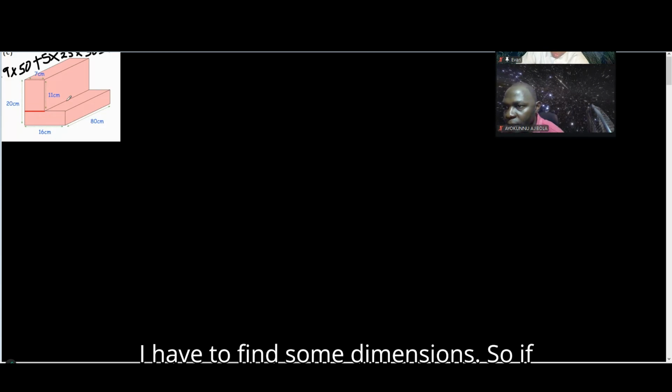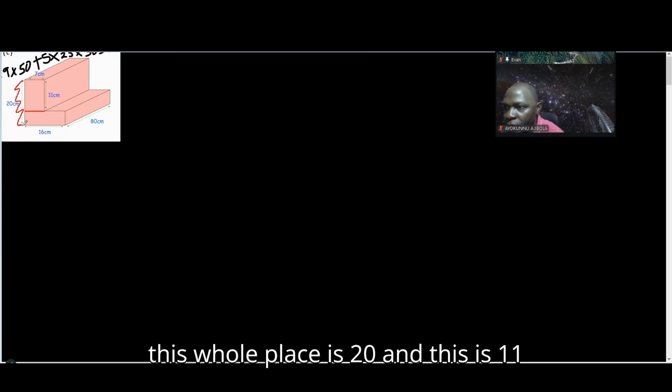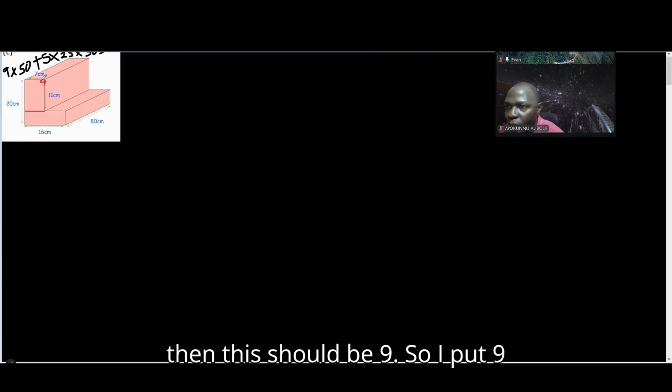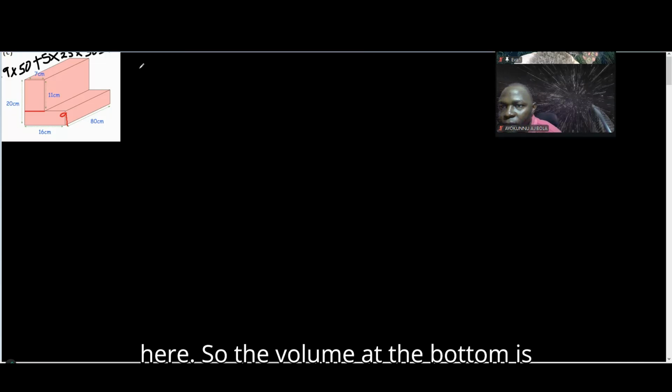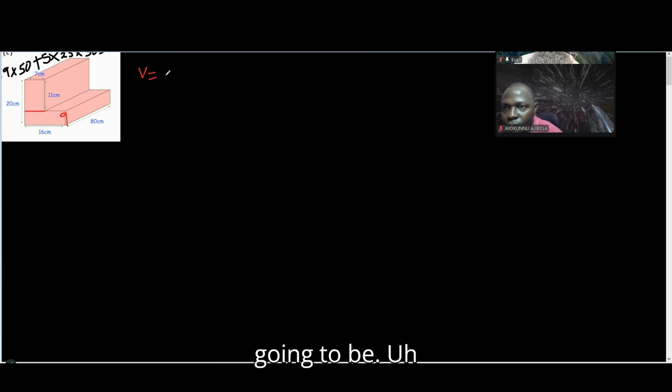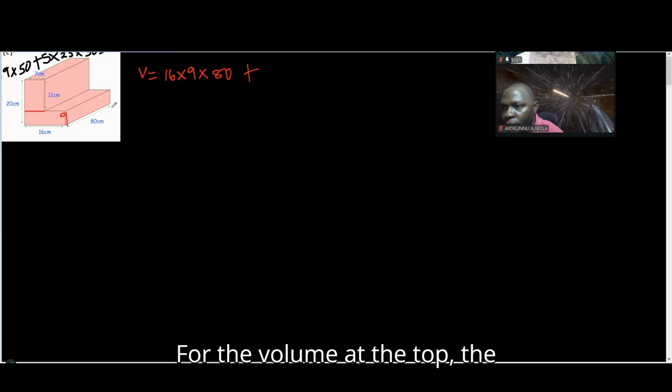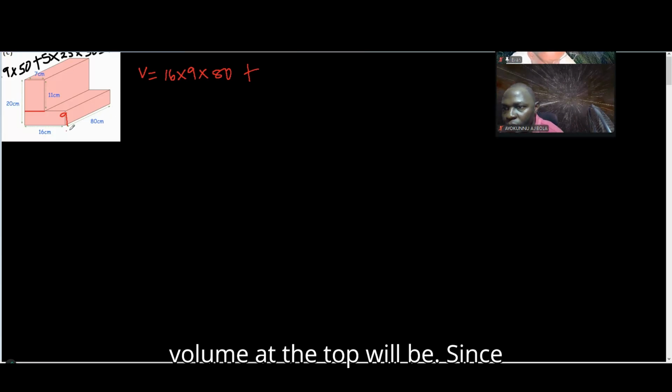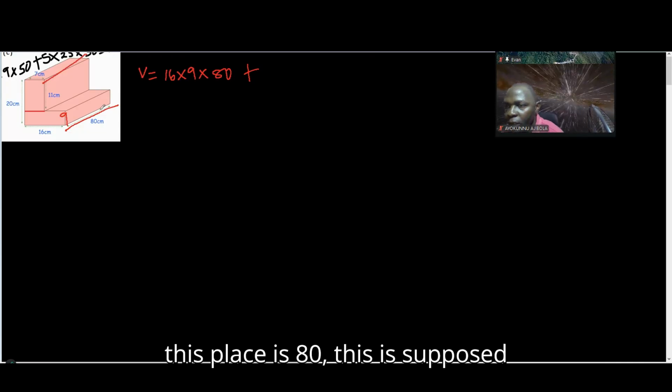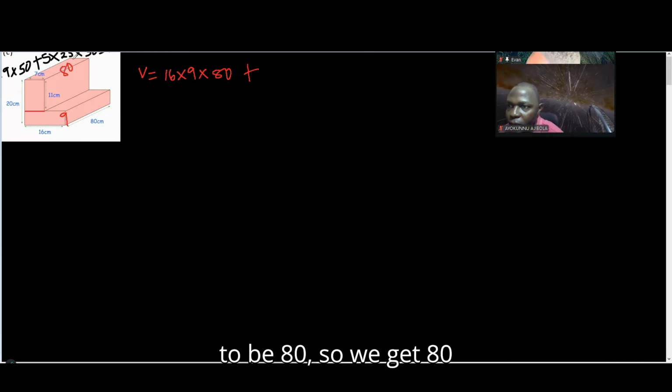So if I decide to cut this horizontally, I have to find some dimensions. If this whole place is 20 and this is 11, then this should be 9. So I put 9 here. So the volume at the bottom is going to be 16 times 9 times 80, plus the volume at the top. Since this place is 80, this is supposed to be 80. So we get 80 here.